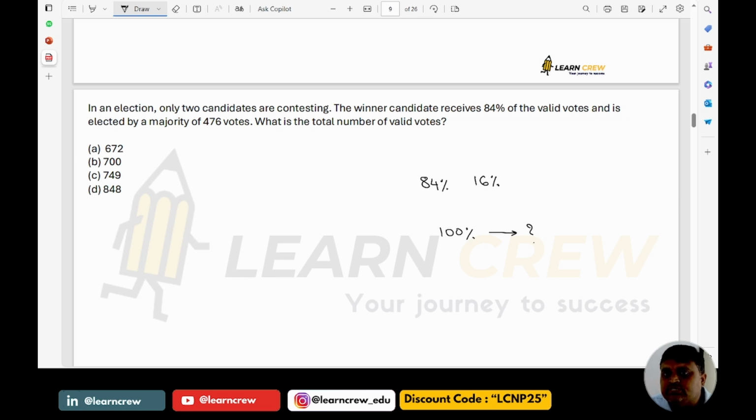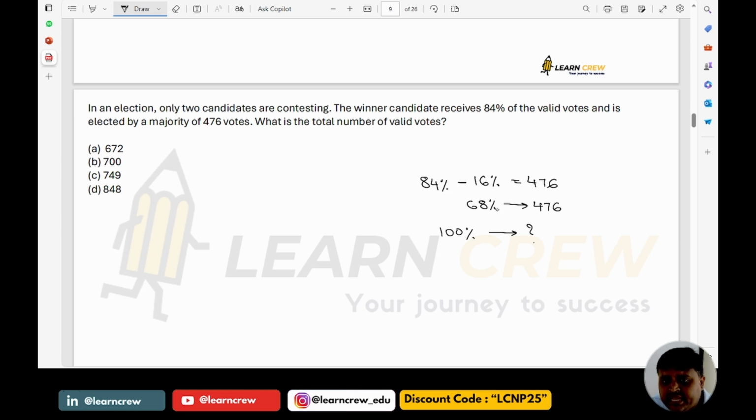What do you mean by majority? Majority is nothing but the difference between them. If one person scores 84%, the other must score 16%. So 84 minus 16, that difference is 68%, which is equal to 476.